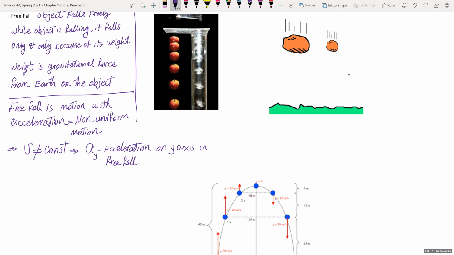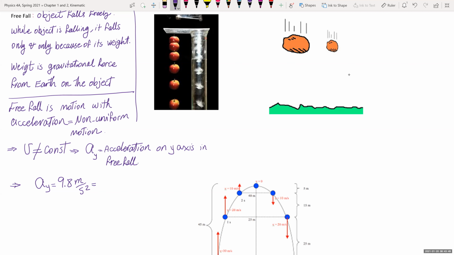Now, how much is this acceleration in free fall? Guys, we can find the amount of this free fall acceleration. It's 9.8 meters per second squared. This is a constant value.